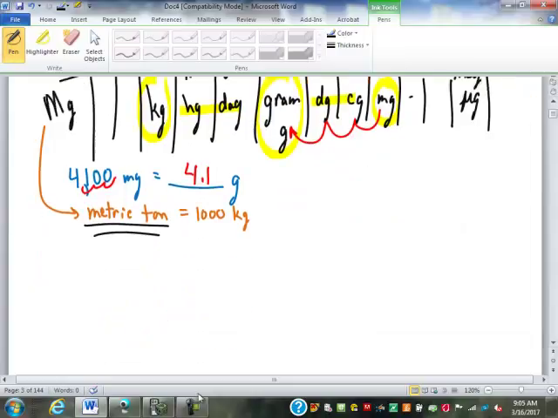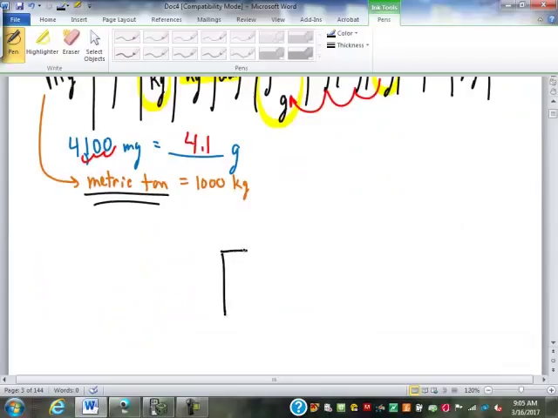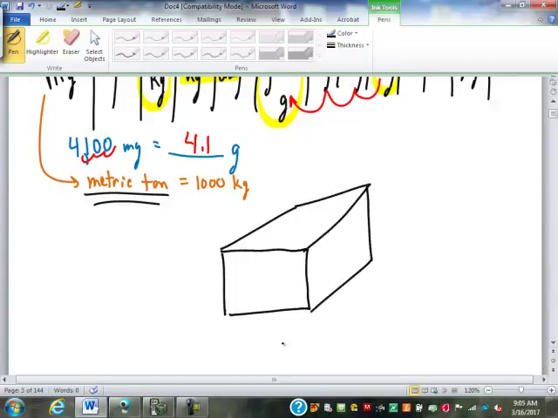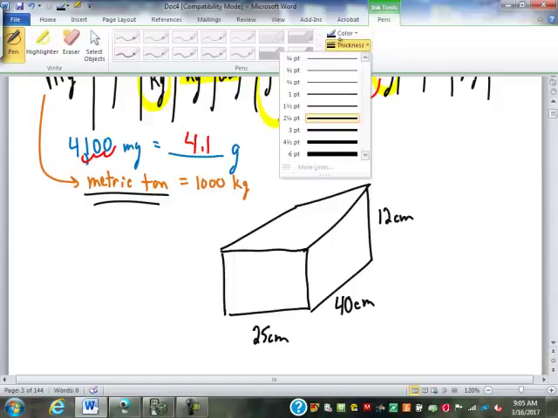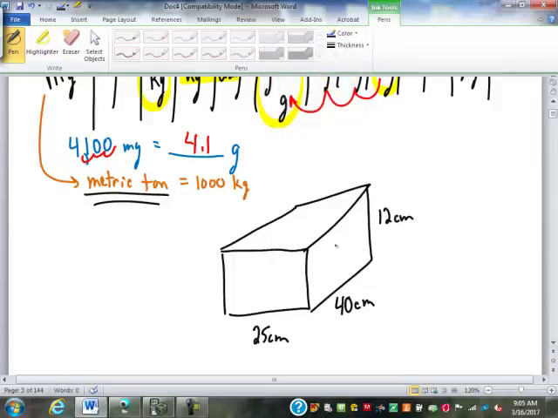So what's cool about all this, let's say you've got a gas tank that measures 40 centimeters, 25 centimeters by 12 centimeters. You want to find the mass of water that tank can hold.